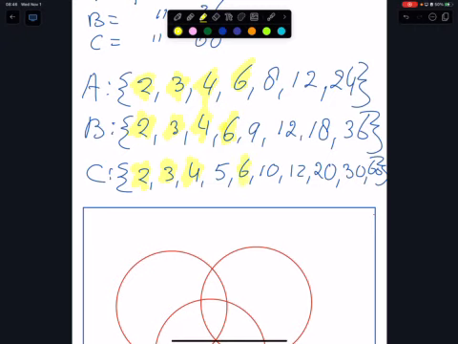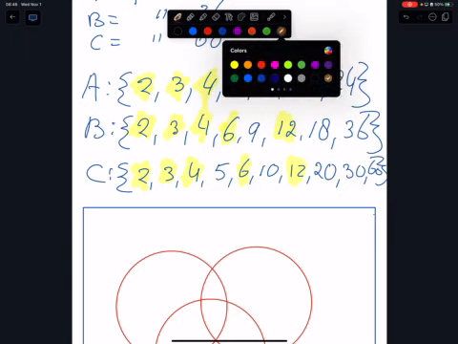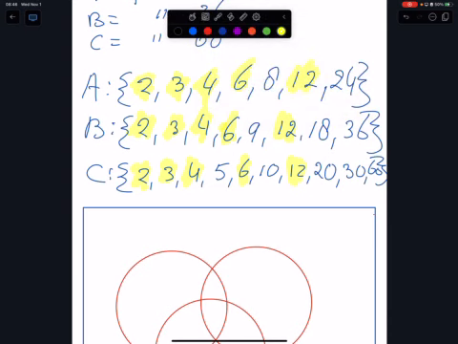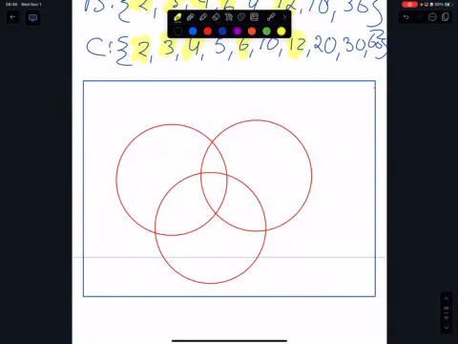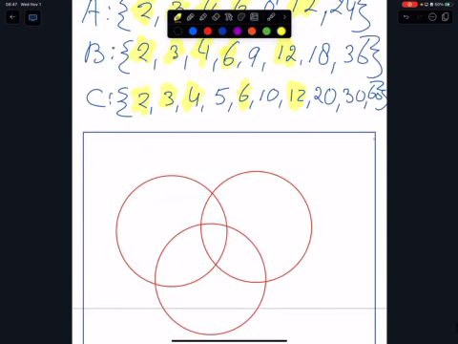Also 12. Yes. So these 1, 2, 3, 4, 5 numbers belong to all three, which have to appear here because they belong to all three.